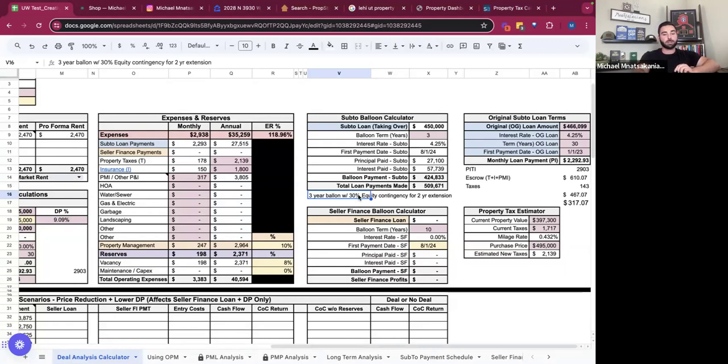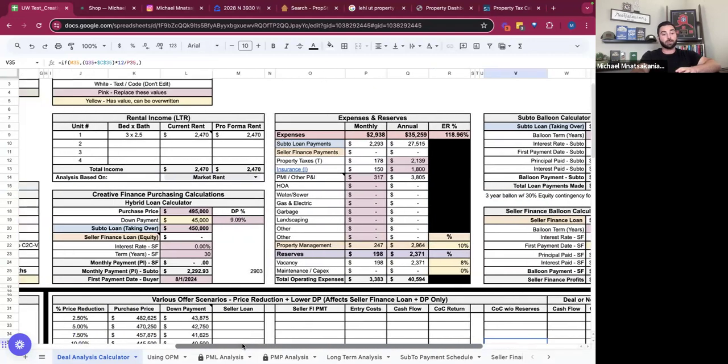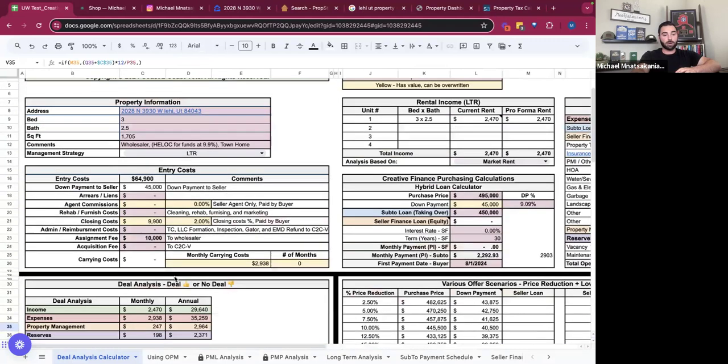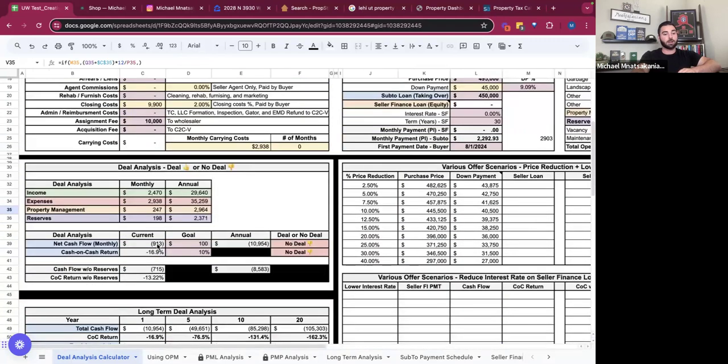If maybe they were further into their amortization schedule and each payment was going more towards principal, then I'd consider it potentially because you're paying down that debt faster. Or if it was like a super low interest rate. Nothing about this deal excites me. And then the fact that it is negative as a long-term rental, substantially negative, right? With reserves and management, it's $1,000 a month negative, roughly $900 a month.